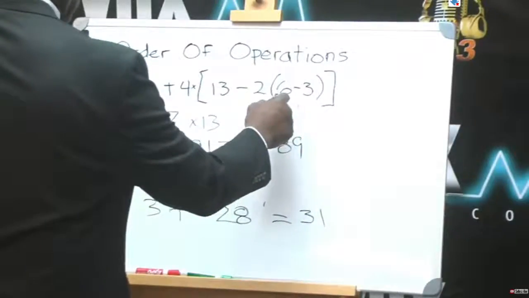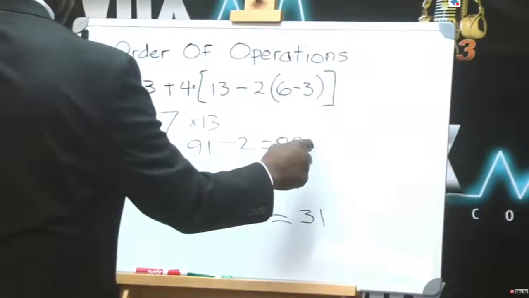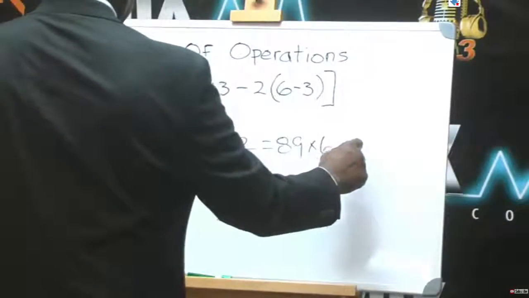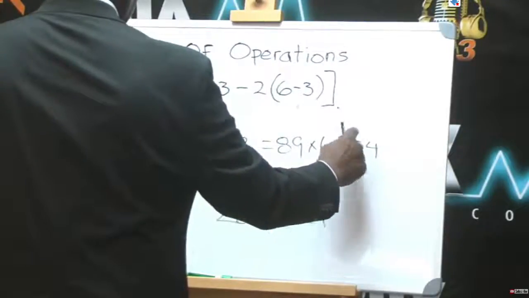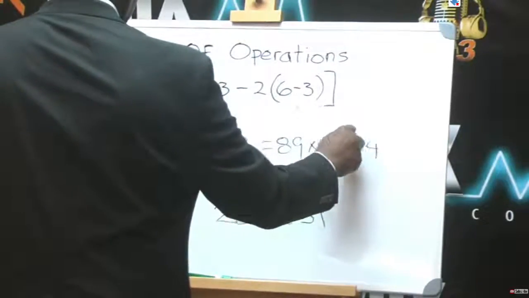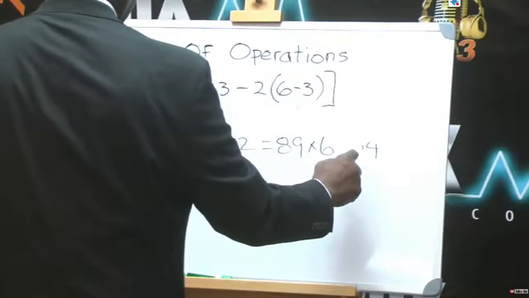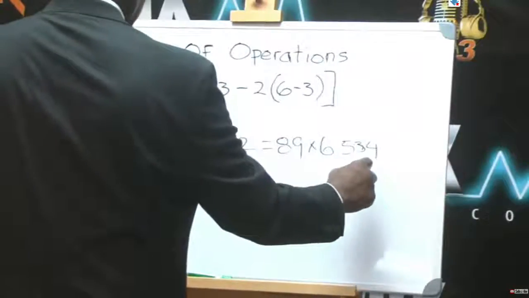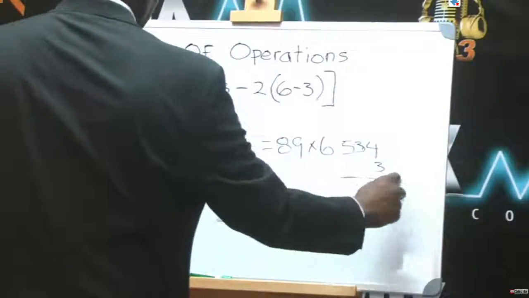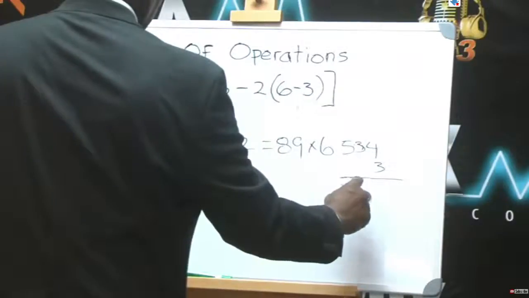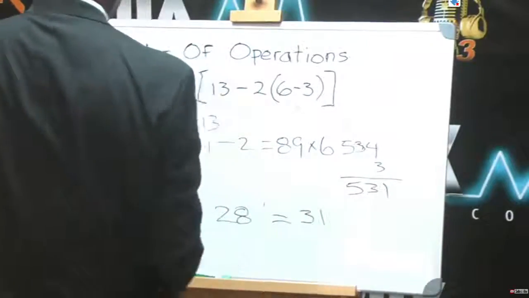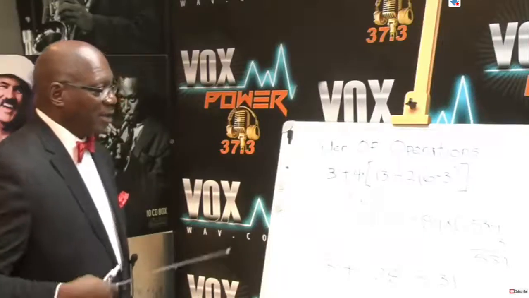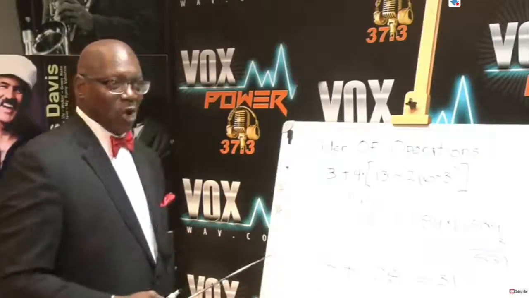And then the next thing in line was to multiply 89 times 6. And that would be 534. 48 plus 5 would be 53. Subtract 3. And our final answer would be 531. A lot of work. And that would be wrong after doing all that work.